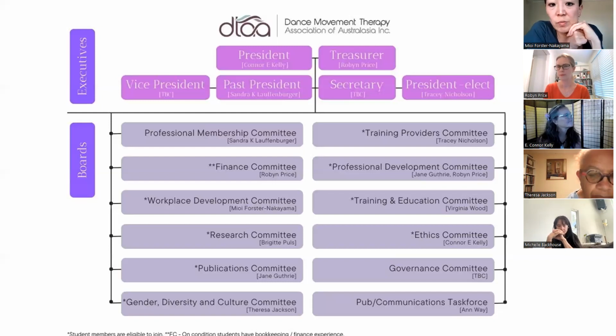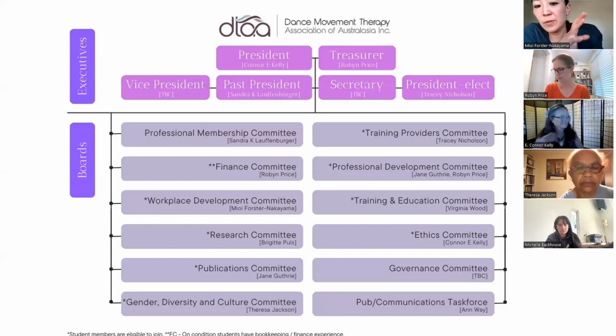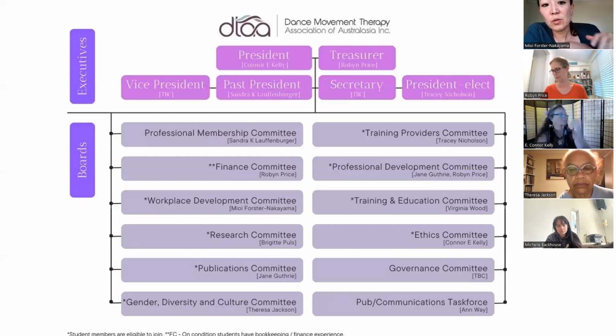On the board, we have many committees. First is the professional membership committee, headed by Sandra. This is the gateway to the DTAA, because when you apply for membership you go through this committee, and the committee members assess your application and read the letters from supervisors. This is one of the most active committees.